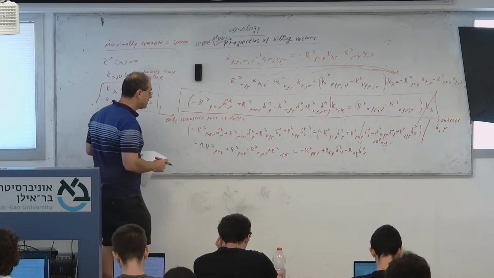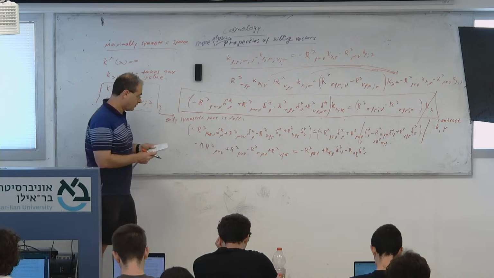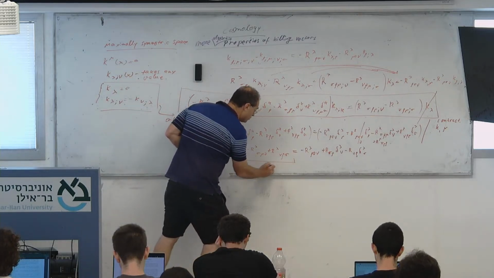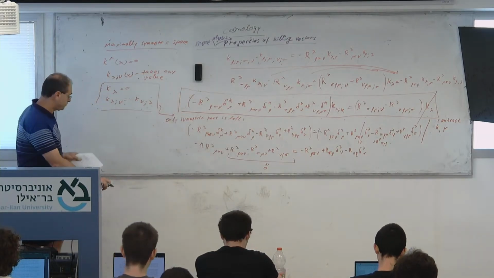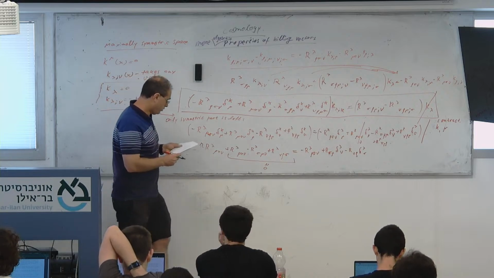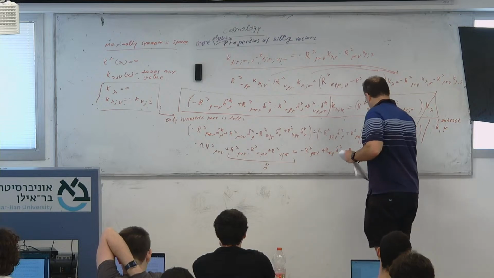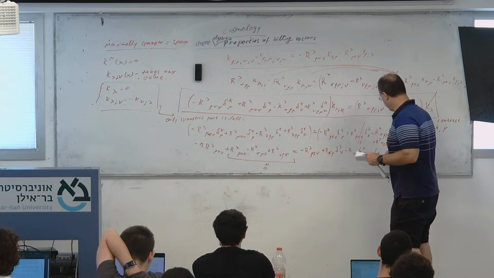Now I have again the cyclic sum rule, which means that all three of these terms are equal to 0. And then I multiply by g lambda alpha.